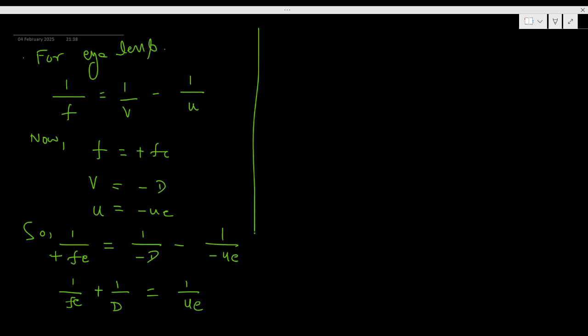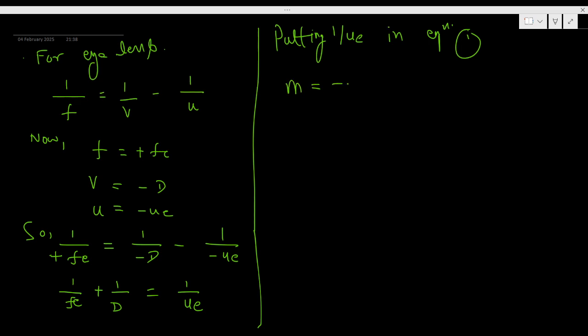Now what we can do, we can put this value in equation 1. So putting 1 by UE in equation 1, we got M is equal to minus FO into 1 by UE.